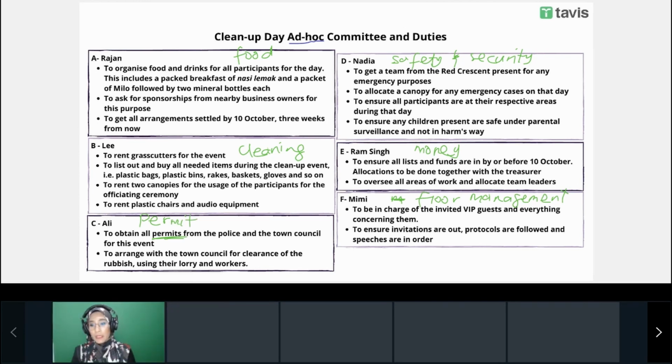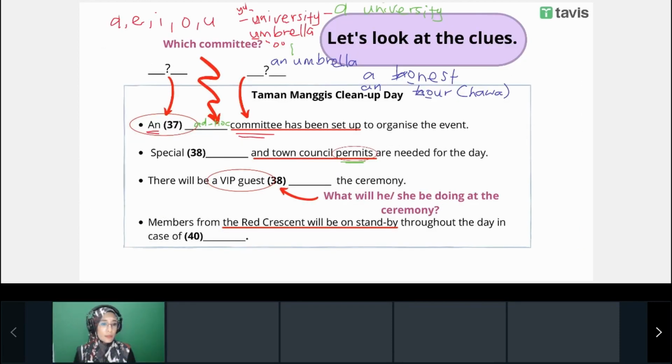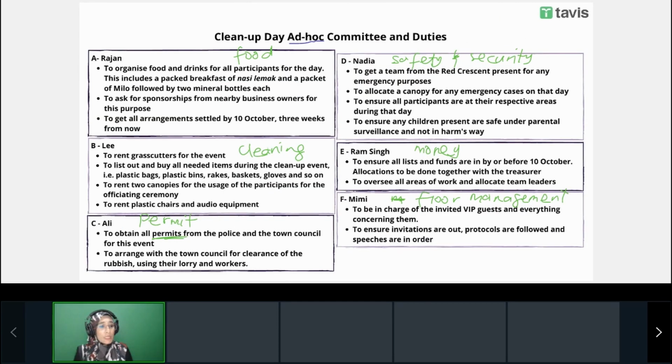So the answer for this one is special what? We now know it's about permits, but special what? Town council is an authority, so there is also another authority: permits from the police and the town council.